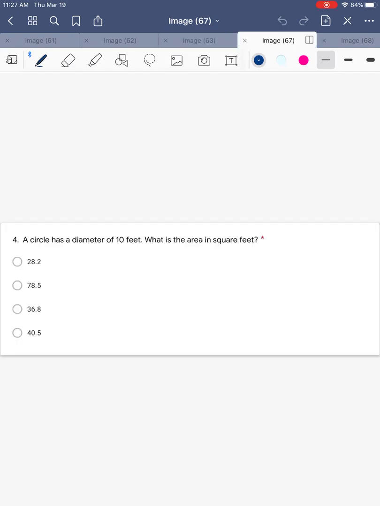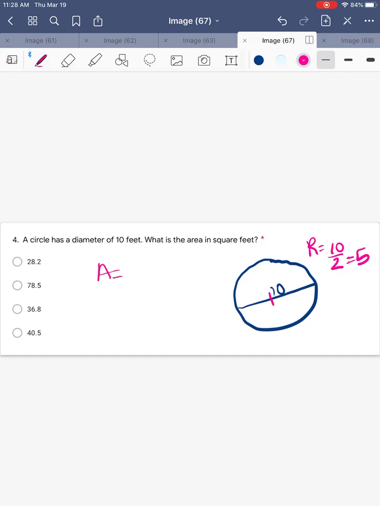The next one, a circle has a diameter of 10 feet. What is the area in square feet? So remember that for a circle, the diameter is the straight line all the way across, which is 10. And then to find the radius, it's half of it. So the radius would be 10 divided by 2, which would be 5. And then remember that the formula for area is pi times the radius squared.